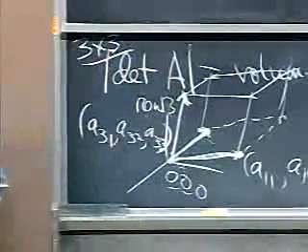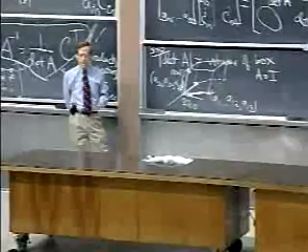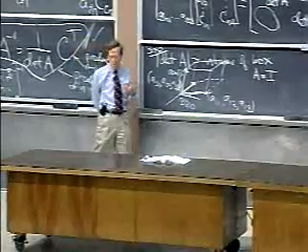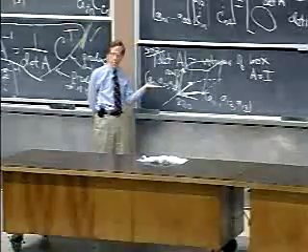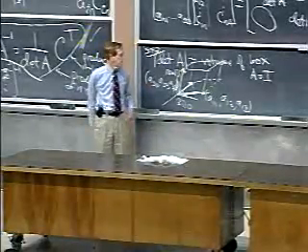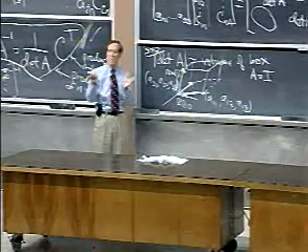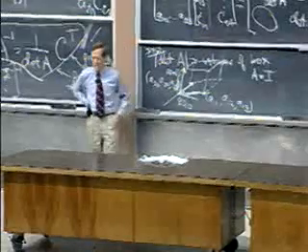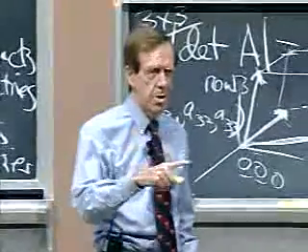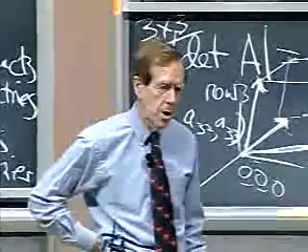First we'll check it for the identity matrix. That's fine. The box is a cube, its volume is 1, and the determinant is 1, and 1 agrees with 1. Now, let me go up 1 level to an orthogonal matrix, because I'd like to take this chance to bring in the previous chapter.